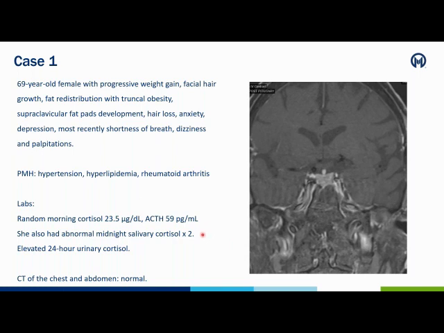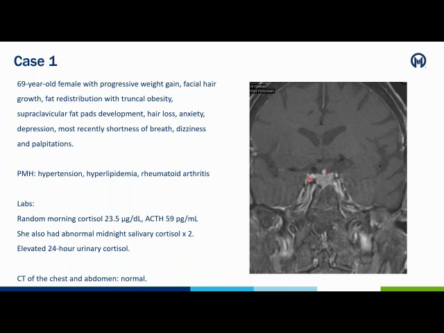Her workup, as with most Cushing's disease patients, took a while until we could confirm the diagnosis, and eventually we were able to have 2 of the 3 screening tests abnormal, which in her case were the midnight salivary cortisol and the elevated 24-hour UFC. That ultimately confirmed the hypercortisolemia, and the elevated ACTH confirmed that she had Cushing syndrome. So she had an ACTH-dependent hypercortisolemia.